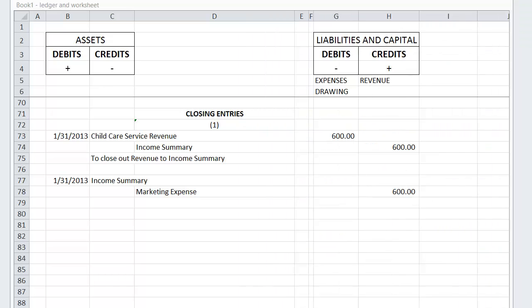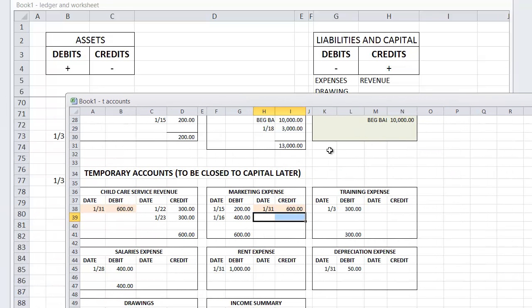The next one we're going to do is training expense. So training expense again has $300 in debit. We're going to use 131 closing to put $300 here.